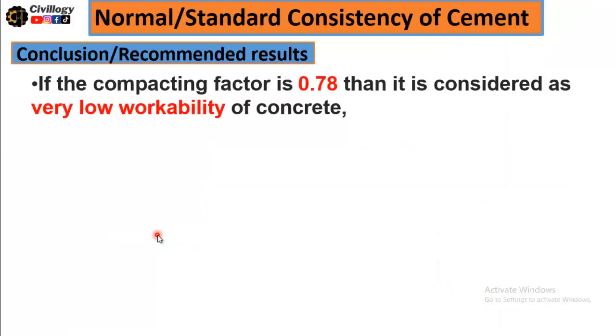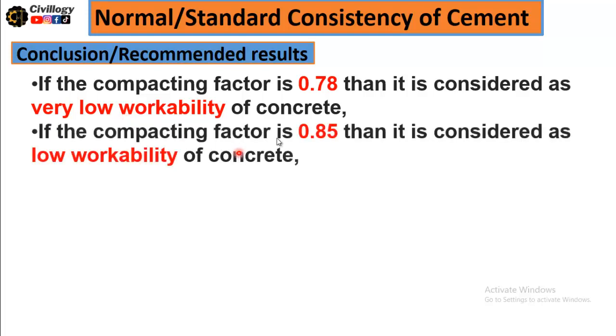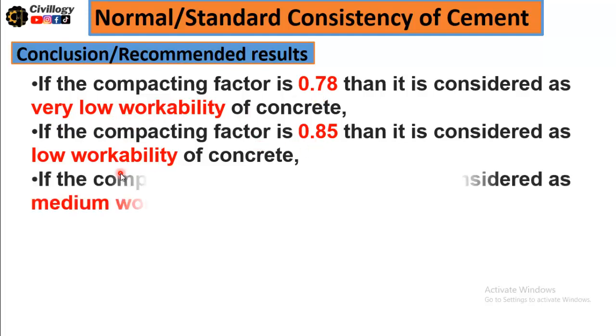If the compacting factor is 0.78, then it is considered very low workable concrete, or this concrete has very low workability. If the compacting factor is 0.85, then it is considered low workability of concrete. As you can see over here, 0.78 is very low and 0.85 is low workability of concrete.